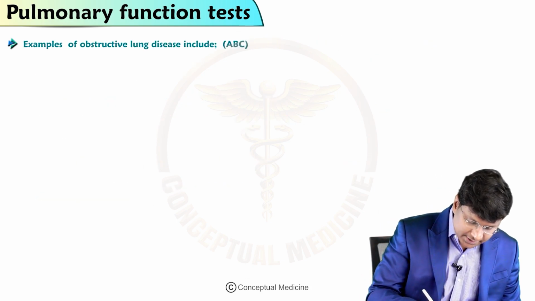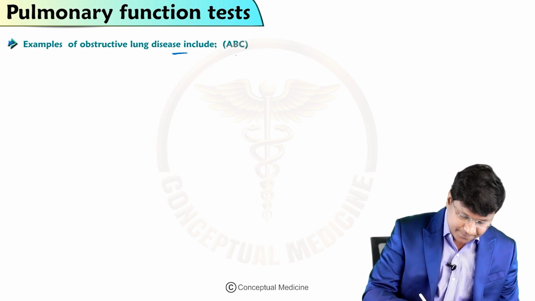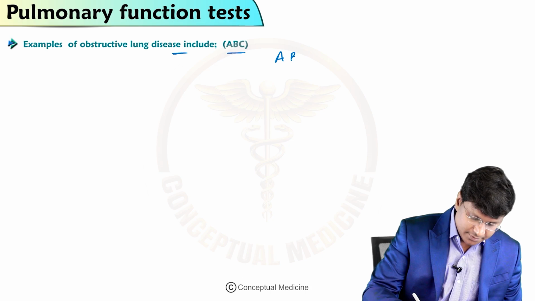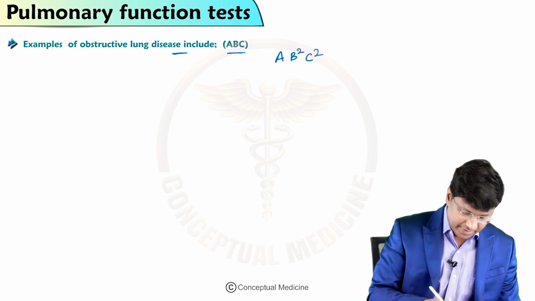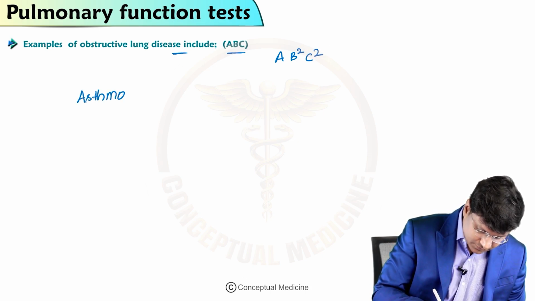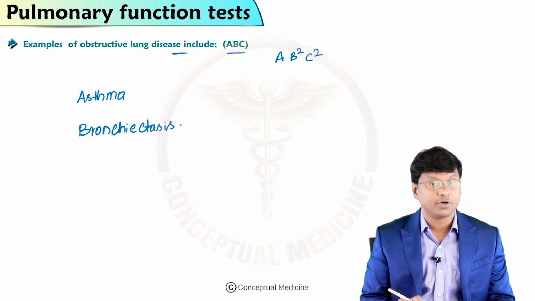Now, what are the examples of the obstructive lung diseases? So please remember this mnemonic ABC, or A, B square, C square. A stands for asthma. B is your bronchiectasis.